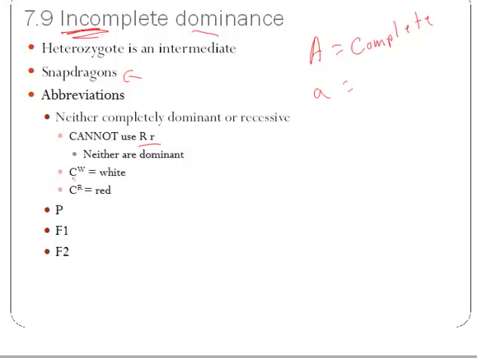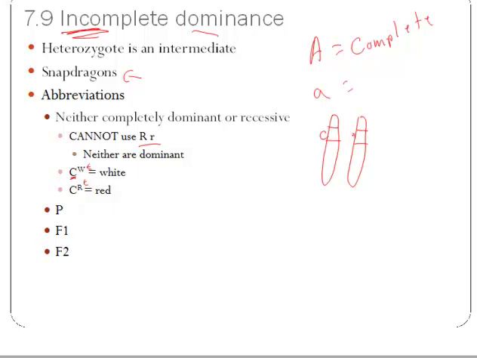Instead, you can use a second letter to indicate that they're at the same location on the chromosome, so they're alleles, and then use a superscript for your specific color. In this case, we're using C, and if we draw a pair of chromosomes up here, the C tells us that they're at the same location.